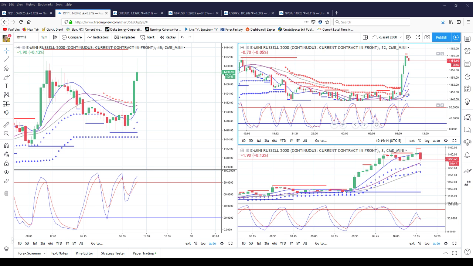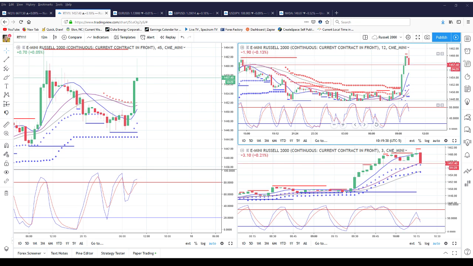You are immediately below your strike right now on the Russell. The strike price was 1458.9. You're at 1458.4. So as long as it stays there for the next 28 seconds, then you have made your profit.